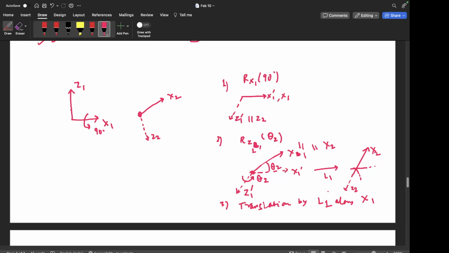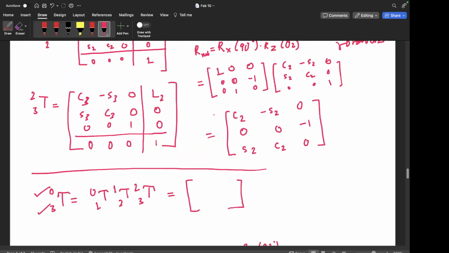So three things: first, rotation by 90 degrees about the x1 axis; second, rotation by theta 2 about the z2 axis, which is parallel to z1 dash; and finally, translation by L1 along the x1 axis.